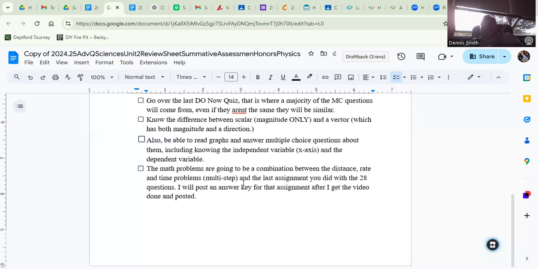So we're talking about an additional 50 to 75 points. So you're looking at in the range of 130 to 150 points total for this Unit 2 summative assessment. All right, so then we'll go from there.